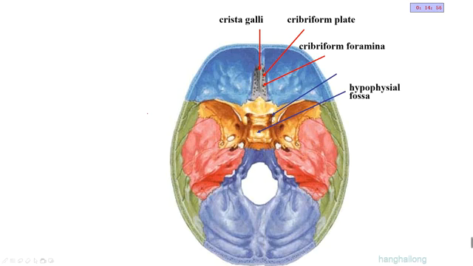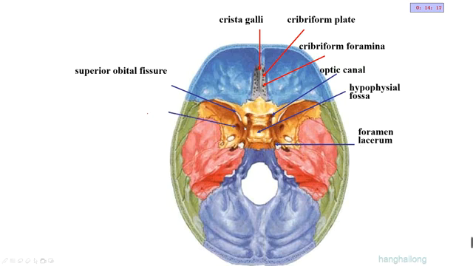And there is a canal communicating to your eye, the optic canal. And there is a fissure between the lesser and the greater wing, the superior orbital fissure. And here is a broken foramen. This one is the foramen lacerum. And on the greater wing of the sphenoid bone, there are three foramina from anterior to posterior, from medial to lateral. They are the foramen rotundum, foramen ovale, and foramen spinosum.